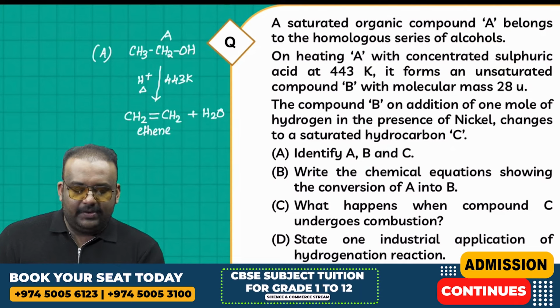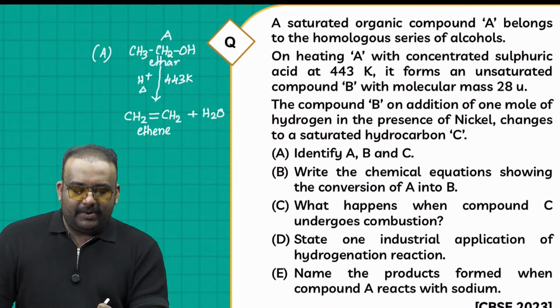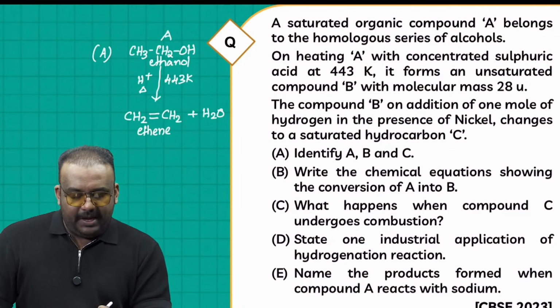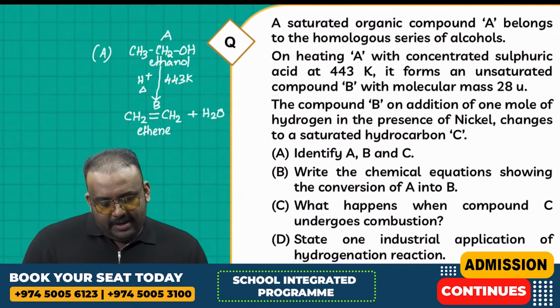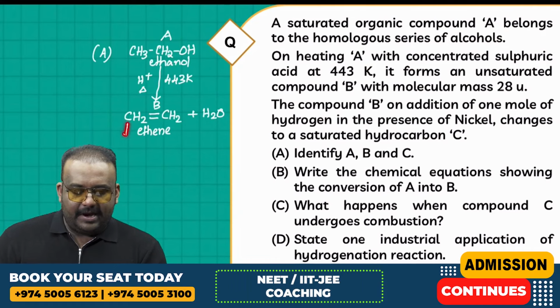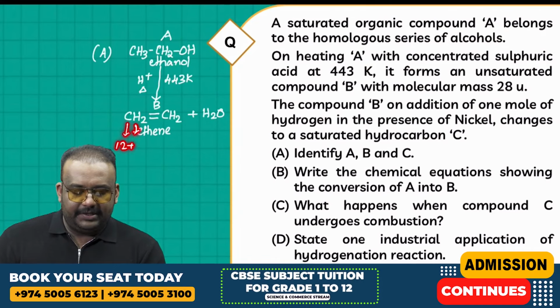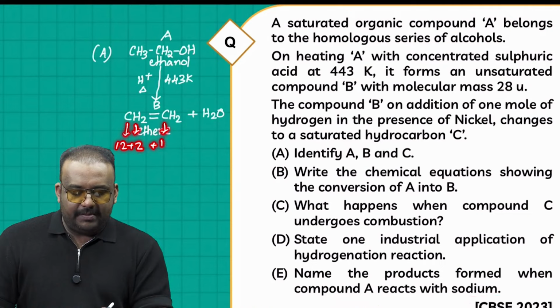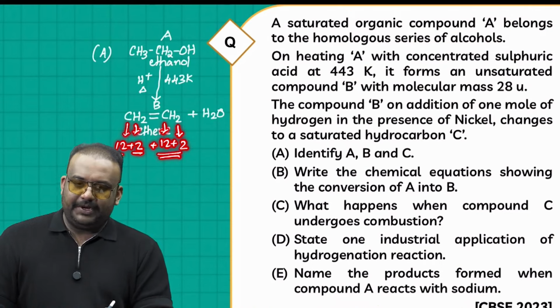So compound B is going to be ethene, and its molecular mass is 28. Let's verify. Carbon is 12, there are 2 hydrogens, so plus 2, plus another carbon is 12, plus 2 hydrogens. So 12 plus 2 is 14, 14 plus 14 is 28.